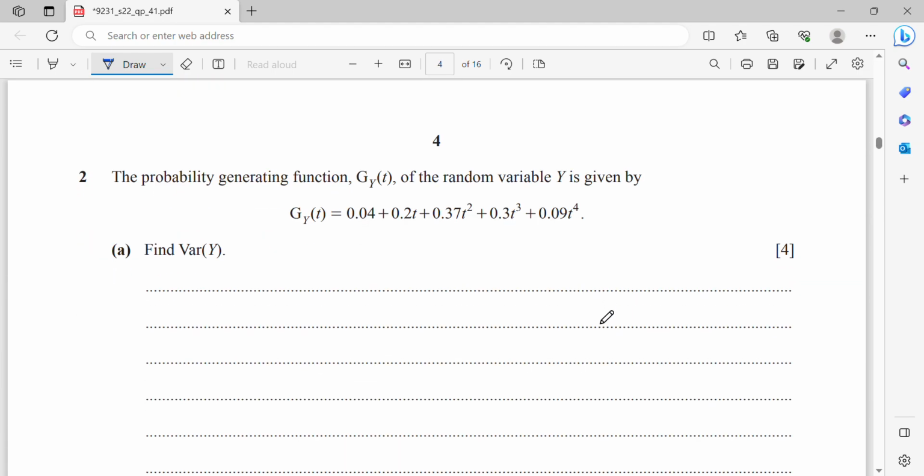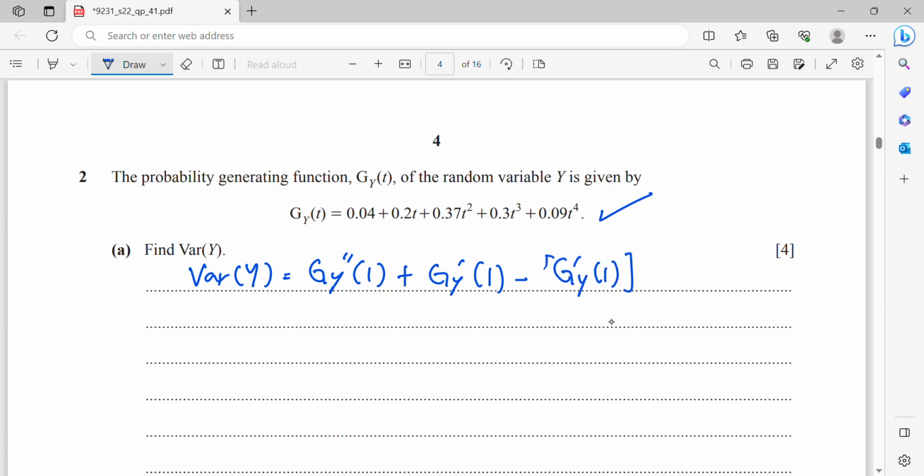Now question 2. The probability generating function GY(t) of the random variable Y is given by this quadratic equation. A, find variance Y. The variance Y formula is GY double prime 1 plus GY prime 1 minus GY prime 1 squared.